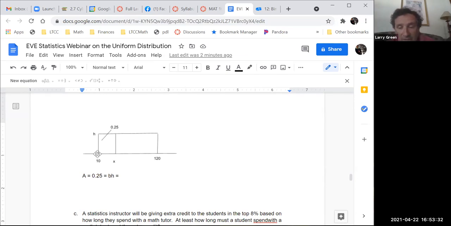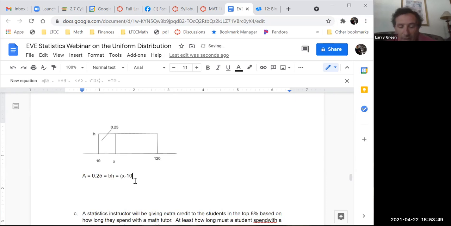It's going to be in terms of X. I'm not looking for a number. How do I get the base if we're going from 10 to X? Yeah, it's X minus 10.